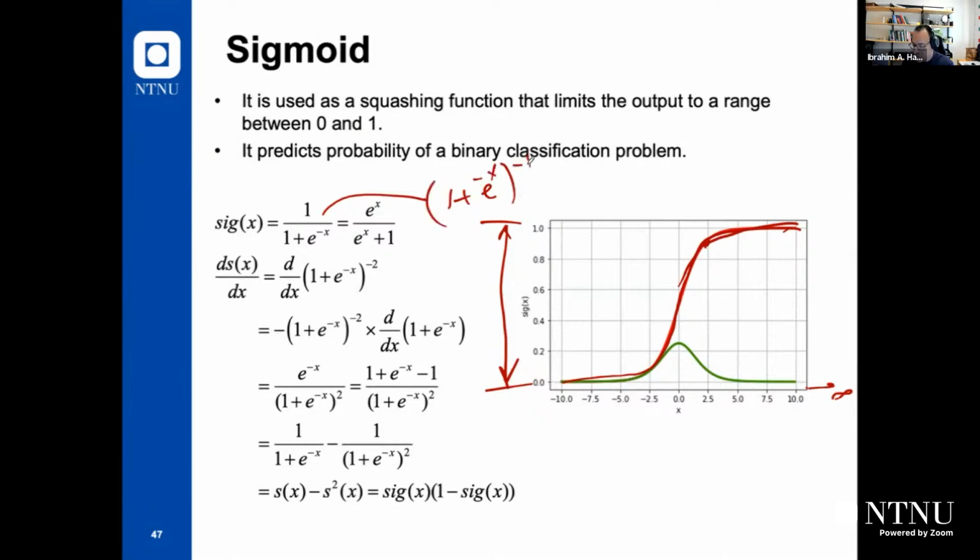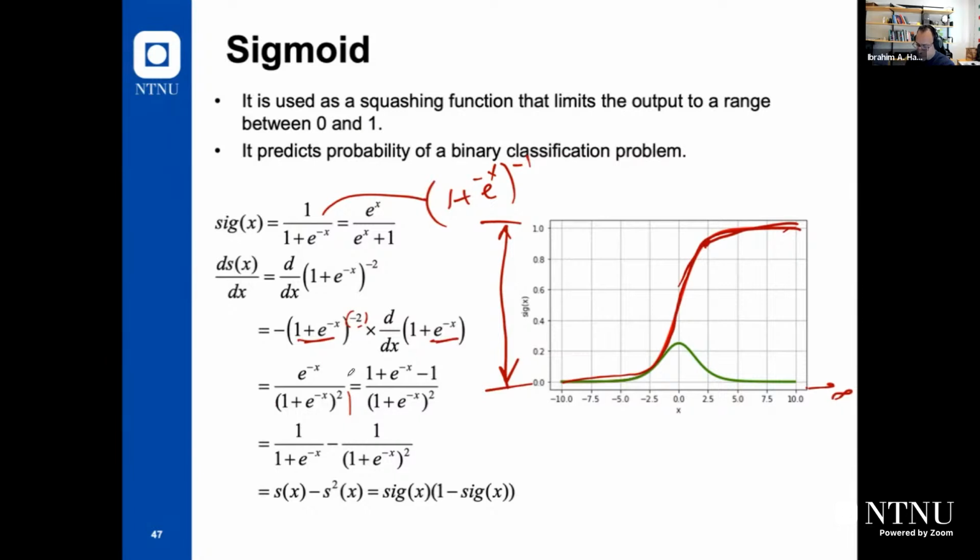The first derivative will be minus 1 multiplied by the function, subtract 1 from the power, so it will be minus 2, multiplied by the first derivative of what is inside. What is inside? The 1 gives 0. Exponential minus x gives minus exponential minus x. Minus minus will be plus. So it will be exponential minus x divided by 1 plus exponential minus x squared.